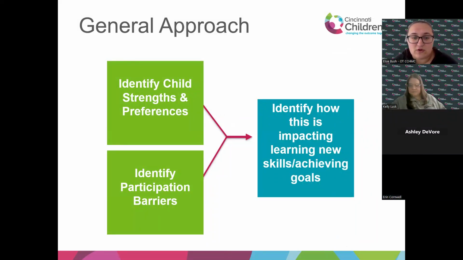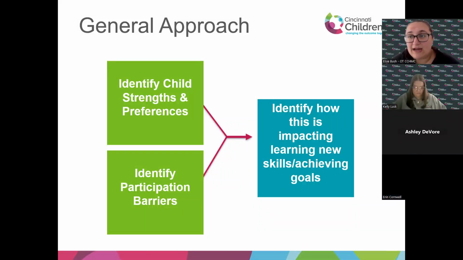But we also want to identify any potential participation barriers. When we're thinking about CVI, that could be anything from how the environment is, with a busy environment or a bright room versus a dim room, or what toy we're showing. Those are some different barriers that can impact how a child is engaging in an activity, whether it's a day-to-day task or a therapy task.